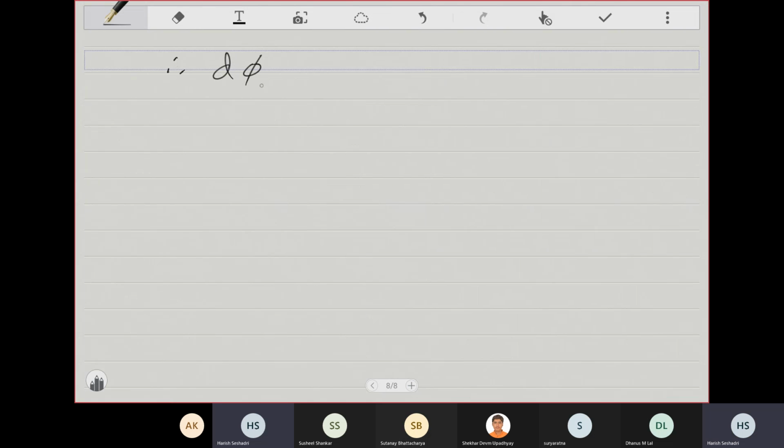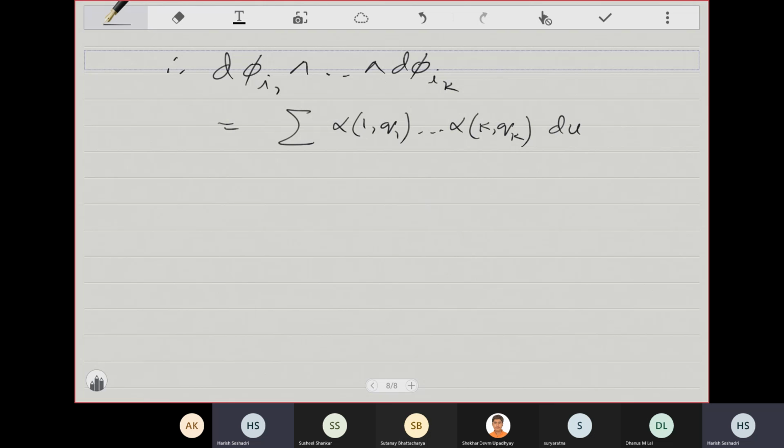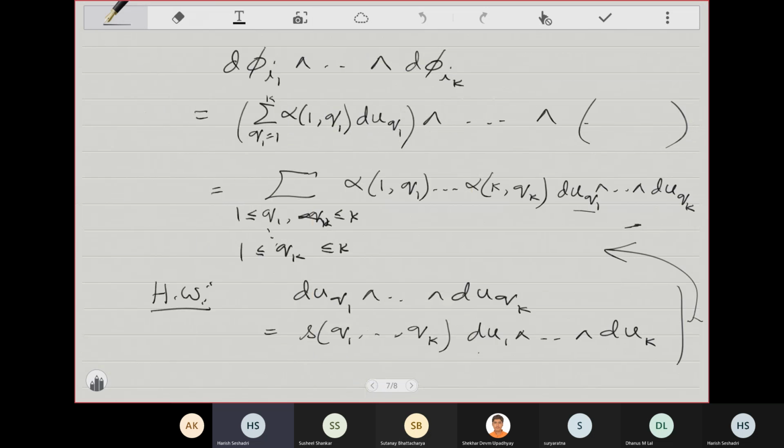Therefore, d phi I1 wedge d phi ik is equal to summation over alpha 1 q1 through alpha k qk, d u1 through d uk. Oh, I forgot one crucial thing.